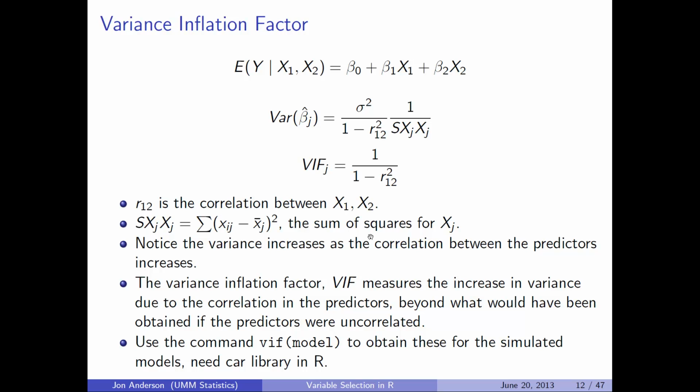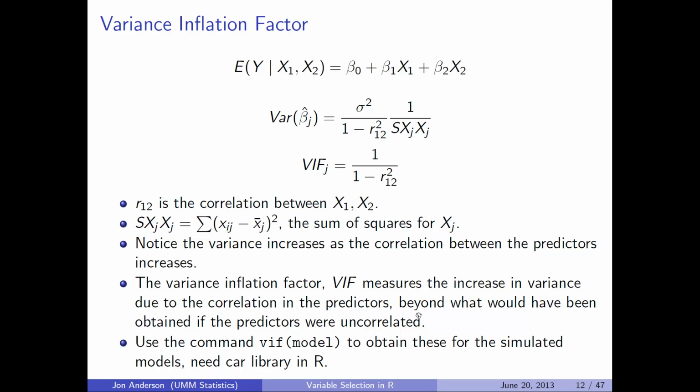How correlated are they? And so you can see that the variance inflation factor goes up a lot when the two variables are very positively or very negatively correlated with each other. The definition is that the variance inflation factor is the increase in variance due to the correlation beyond what would have been obtained if the predictors were uncorrelated.